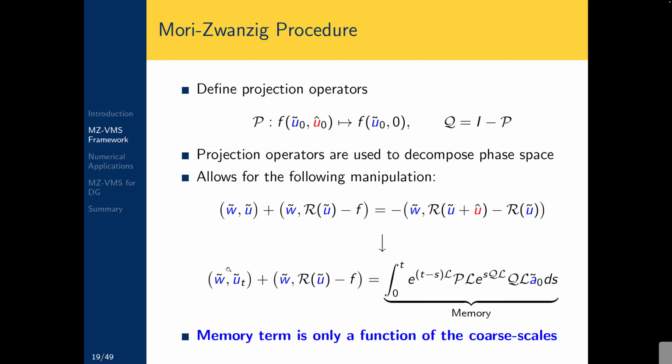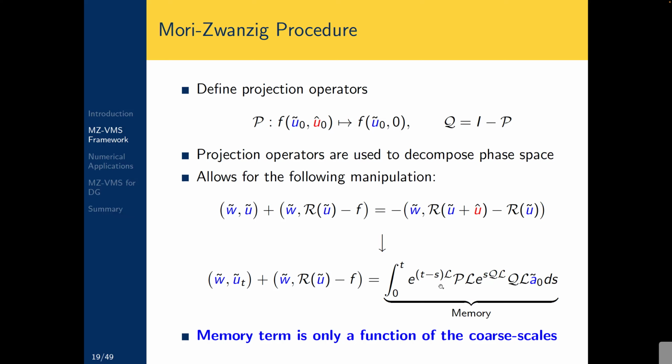The left-hand side is essentially a normal discretization of the coarse-scale equation. The right-hand side is your subgrid-scale model, but we've now cast it all in terms of this memory integral. The important thing to note is this memory integral is only a function of the coarse scale, so at no point do you see anything that is red in this.